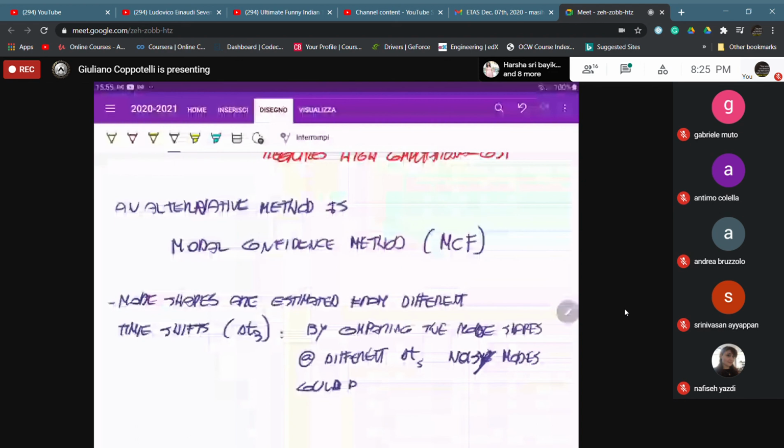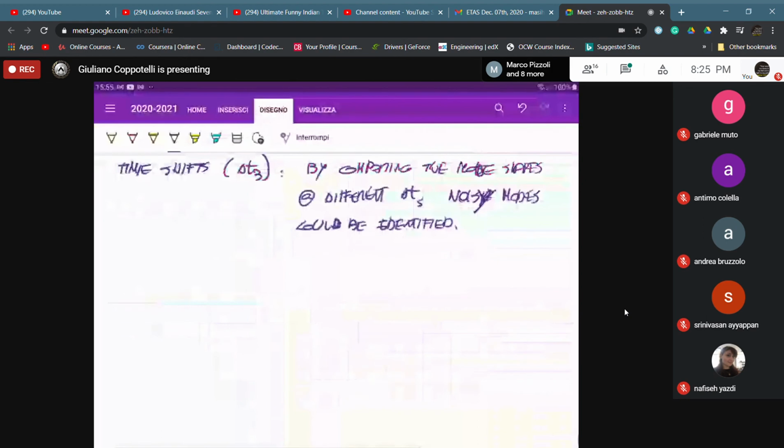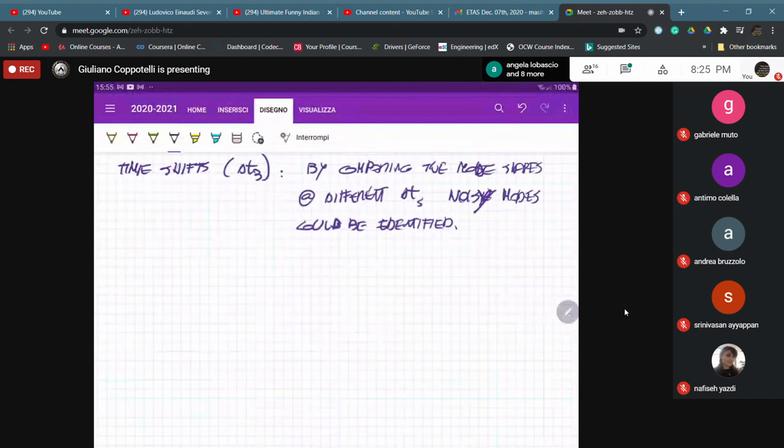Now, let's see briefly how we can apply this idea. The idea is starting once again from the free responses and therefore from the kinematics. So let me focus on just one column of these kinematics.